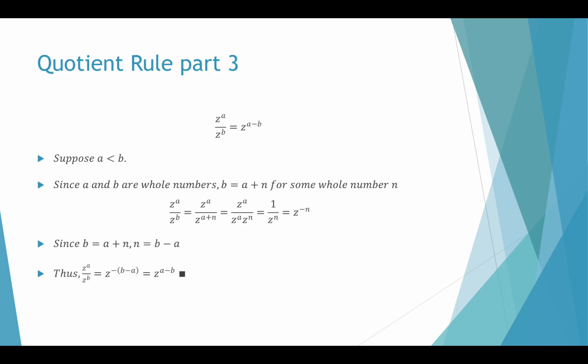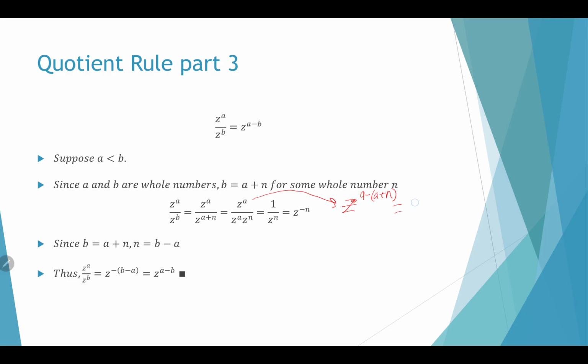Same idea. A is less than b this time, and since a and b are whole numbers, I'm going to say b is equal to a plus n. Same idea, I'm replacing it. So in this case, right, this piece kind of comes out as z to the power of a minus a plus n.